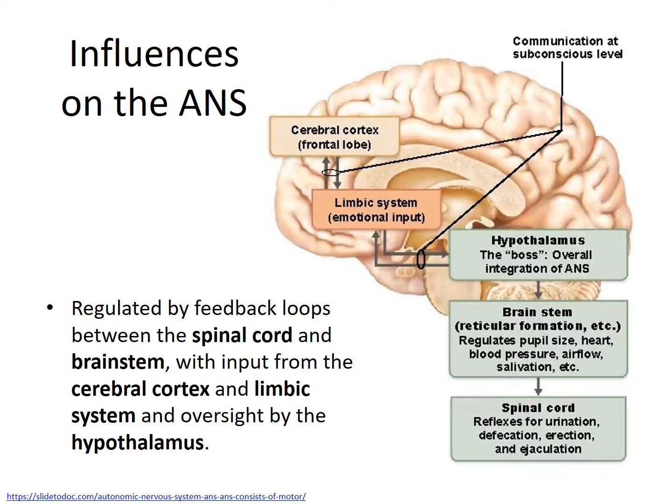So the autonomic nervous system is regulated by feedback loops between the spinal cord and brainstem, and these feedback loops are regulated by the hypothalamus, which receives input from the cerebral cortex and limbic system.